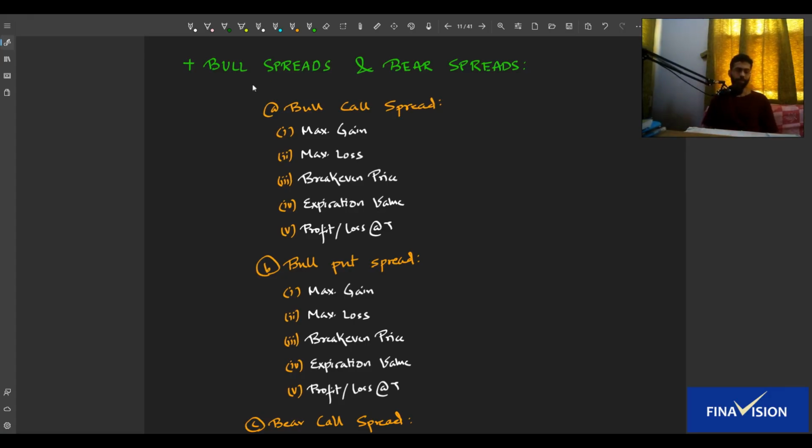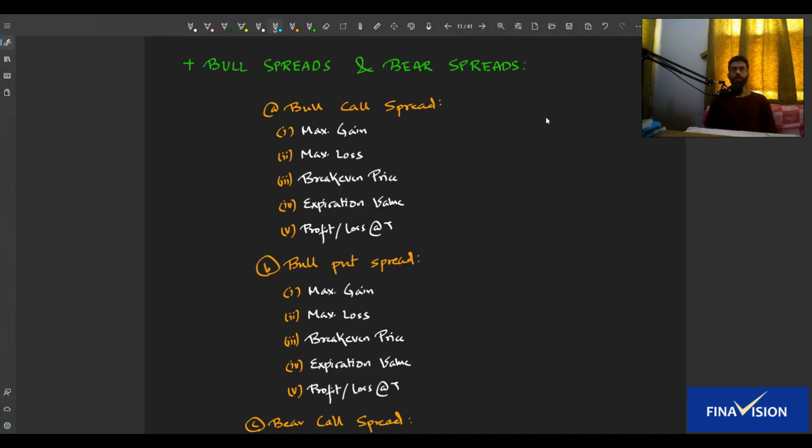So friends, now we start with combination of options and related strategies. The strategies that we start with are bull spreads and bear spreads. Now what do we mean by a spread? A spread is basically a strategy where the difference of two option strike prices creates the profitability.